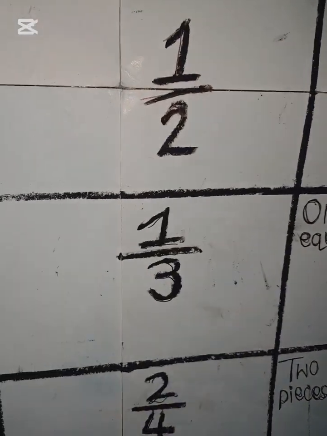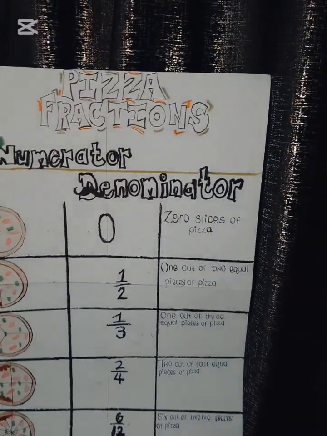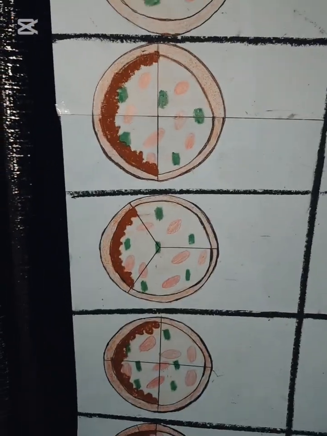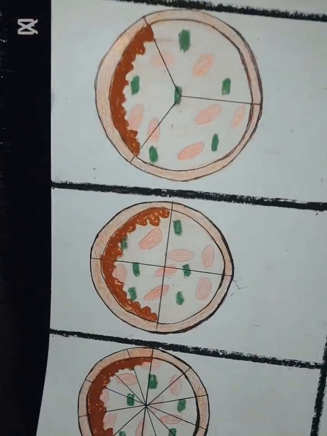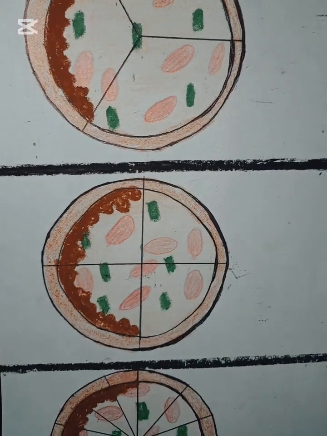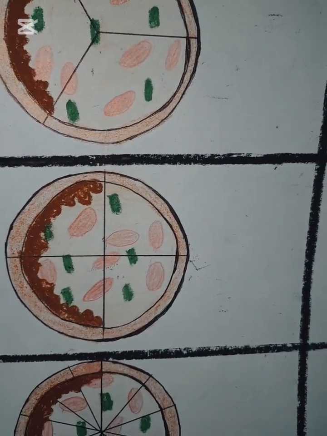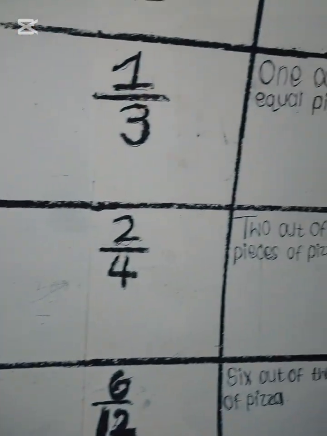So 1 piece was given to Mrs. Numerator, and the 3 initially was Mr. Denominator's pieces of pizza. Next, now we're moving on to our 4th pizza. As you can see here, I think Mr. Denominator got very tired of not sharing with his wife.